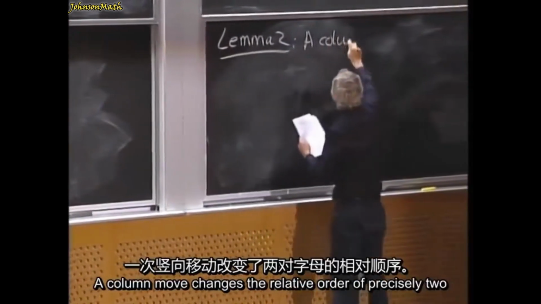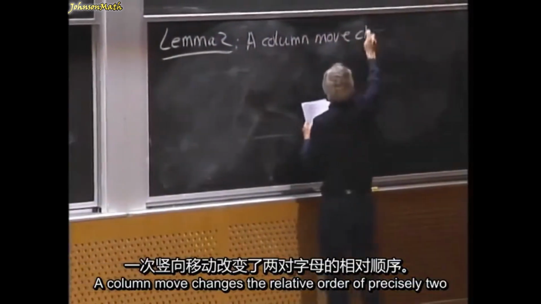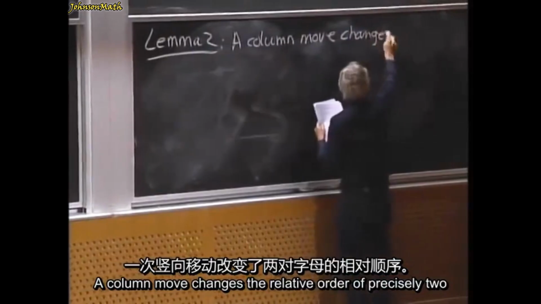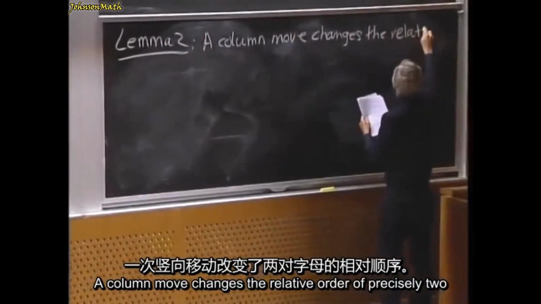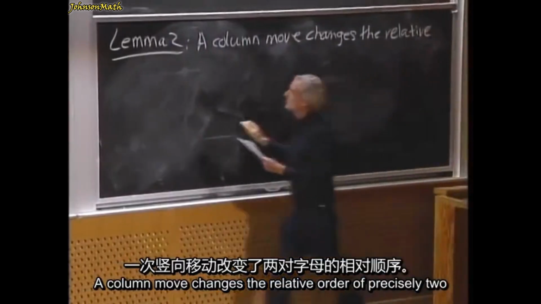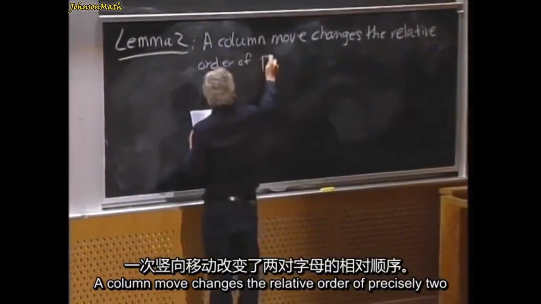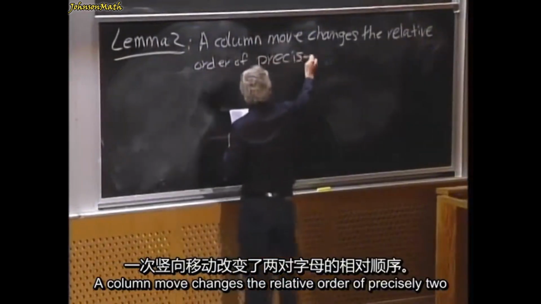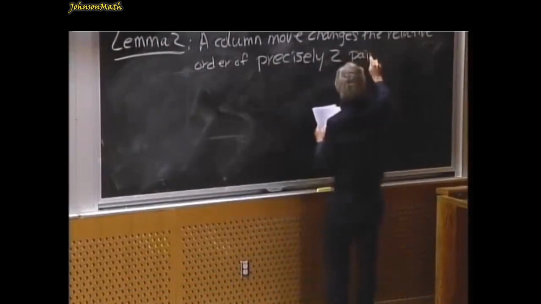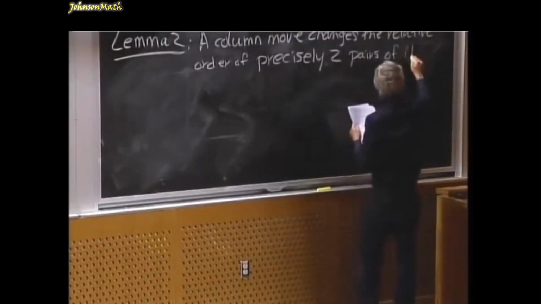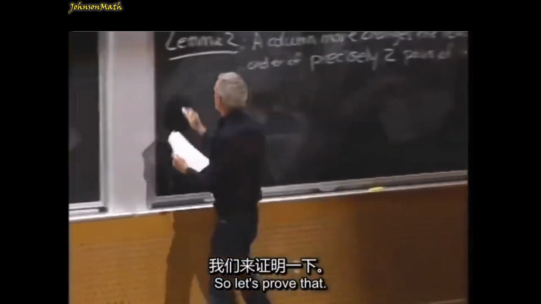Lemma 2: A column move changes the relative order of precisely two pairs of items. So let's prove that.